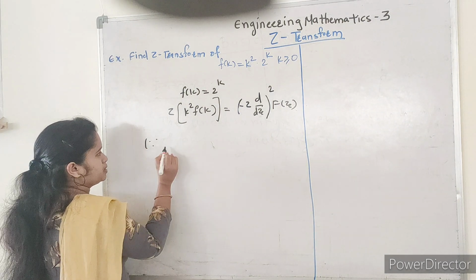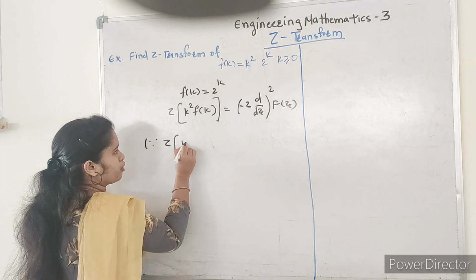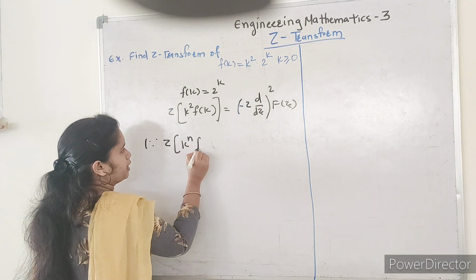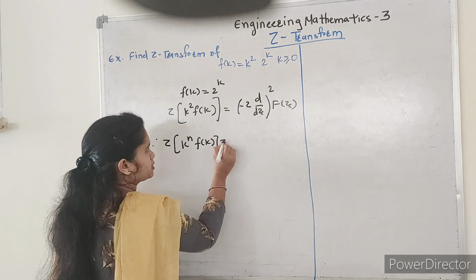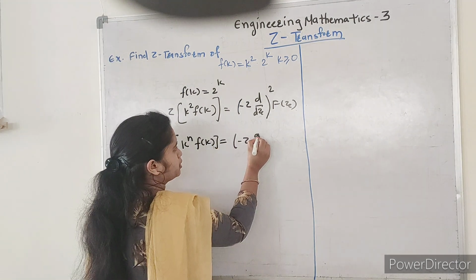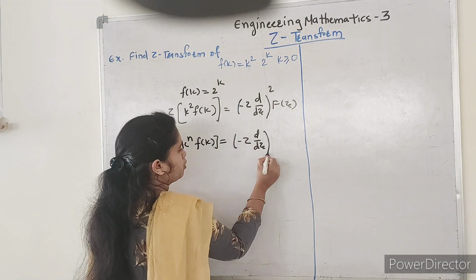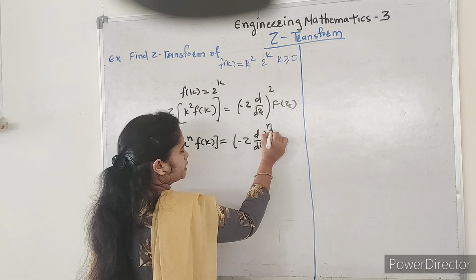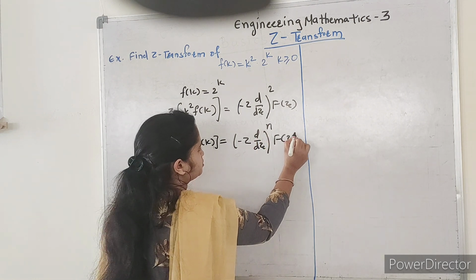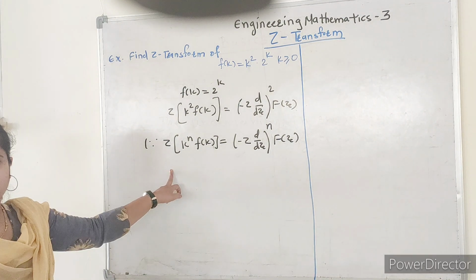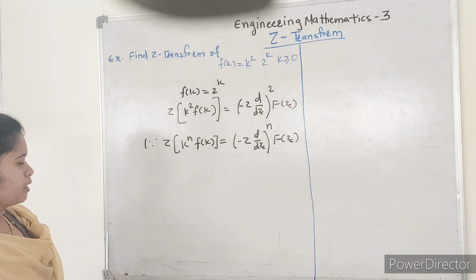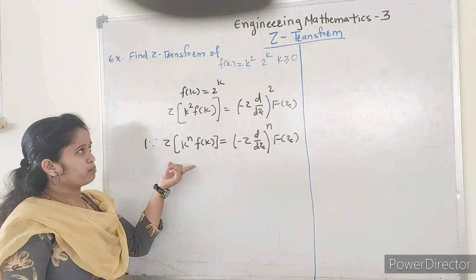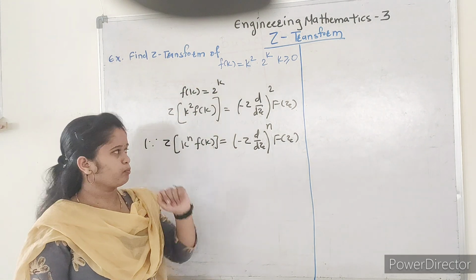Since the property is: Z transform of k raised to n into f of k is equal to minus z into the nth derivative of F of z with respect to z. So this is the multiplication by k property. Using this property we solve this example.